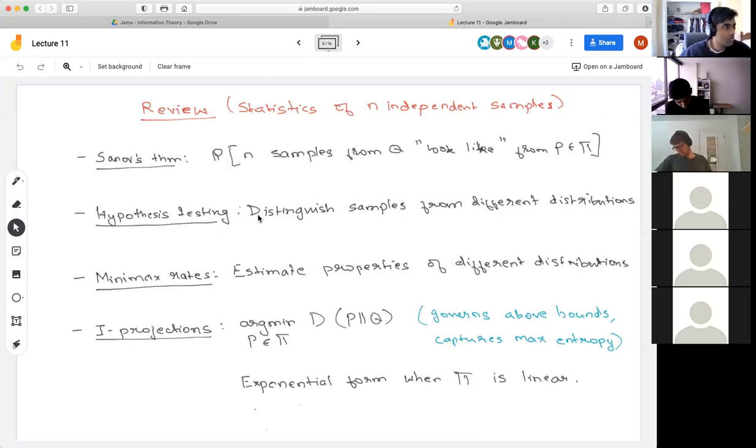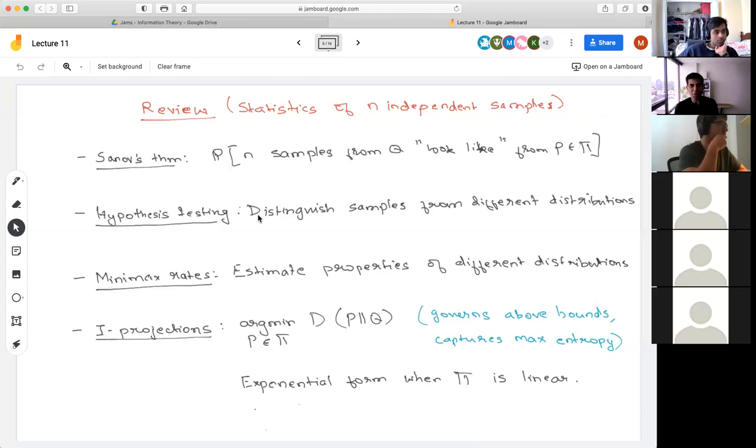And then the quantity that showed up in all of these calculations was the minimizer of KL divergence in a set pi, which we call the I-projection, at least when pi is a closed convex set. It also captures the nature of maximum entropy distributions, and we can study the form of it for some special sets pi.